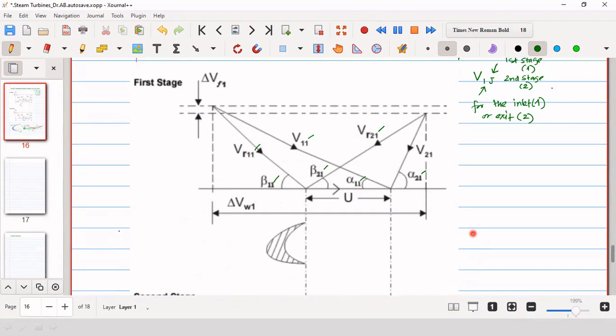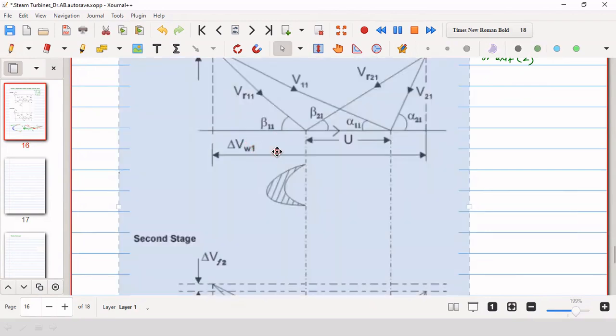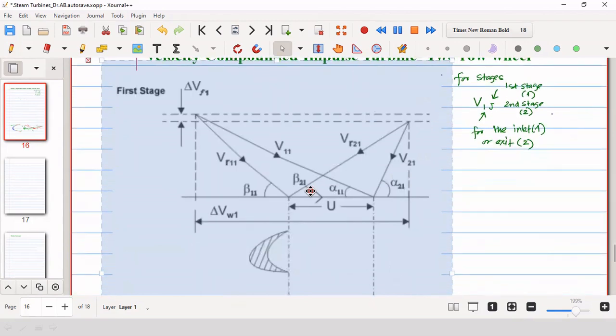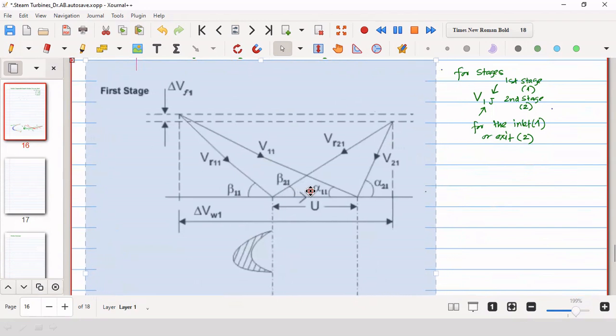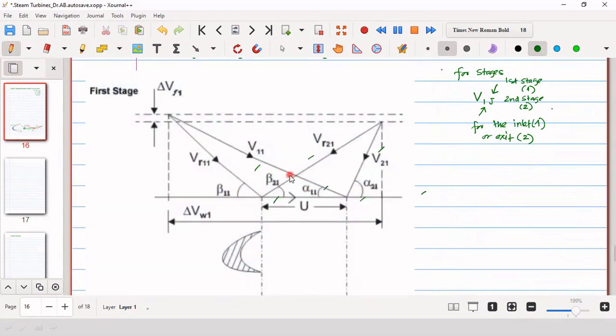We can write here work done. Work done will be basically m dot multiplied by change in velocity. So for single stage, that was what?